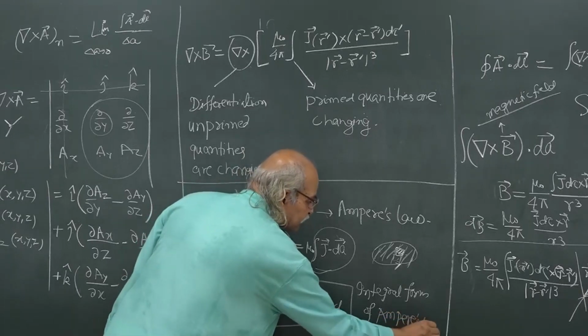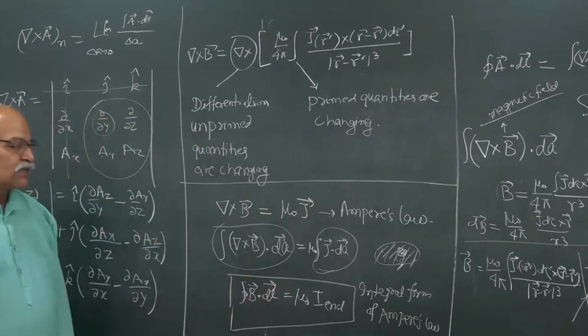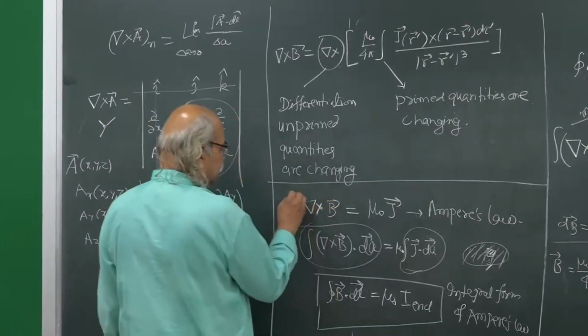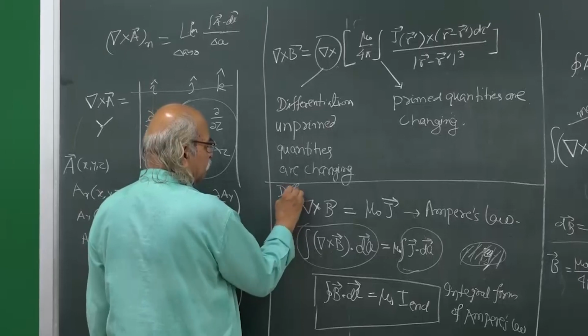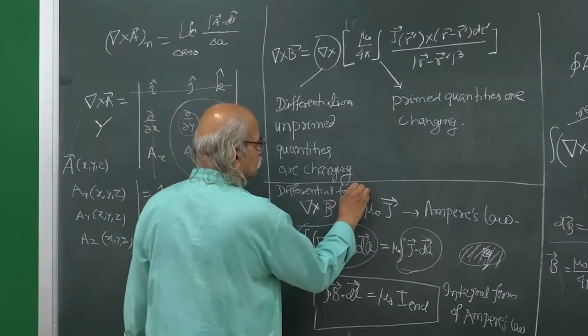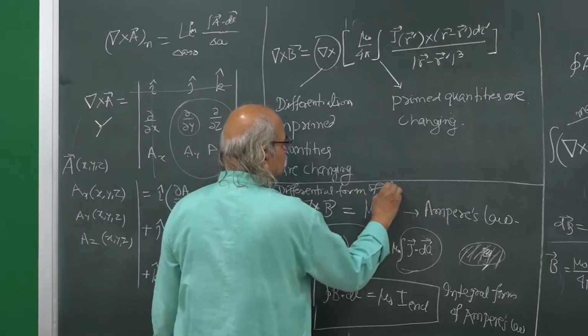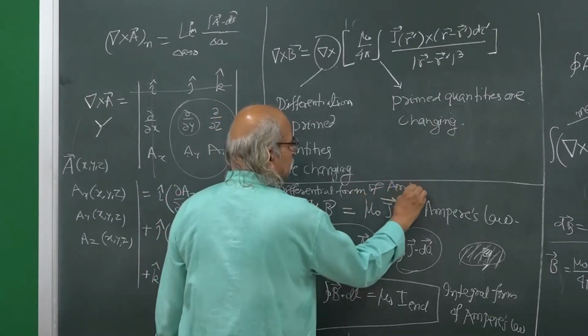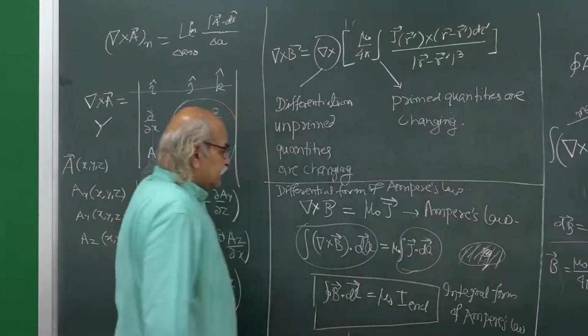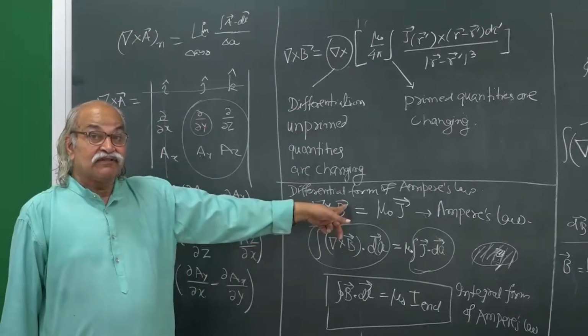And this is the one that you have studied in schools, and this is the one that you are studying now. This is the differential form of Ampere's law. And this is a point by point relation, remember.